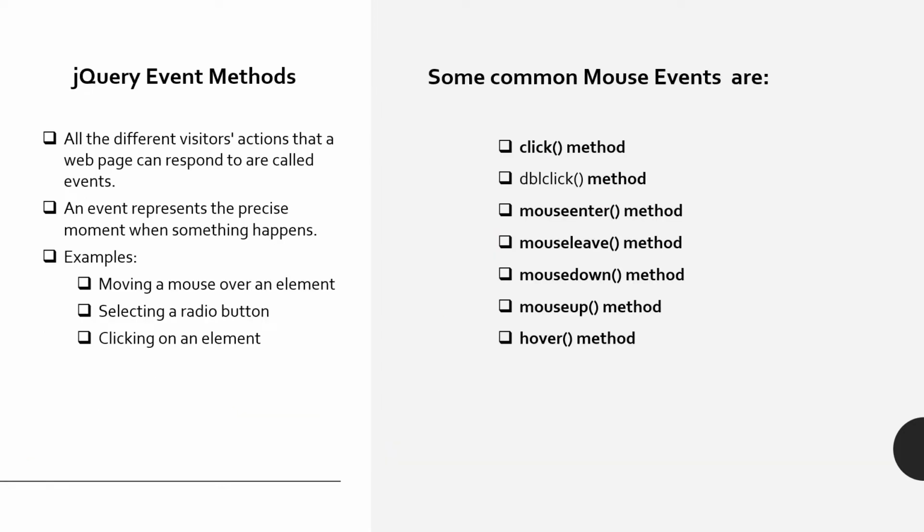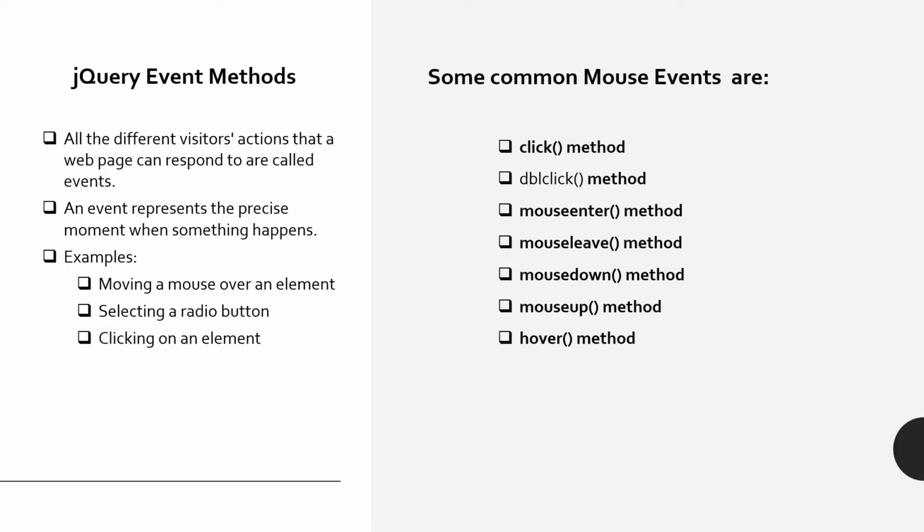Now we are going to discuss jQuery event methods. Events are nothing but moments when something happens. For example, moving a mouse over an element, clicking the mouse, selecting a radio button, clicking on an element.